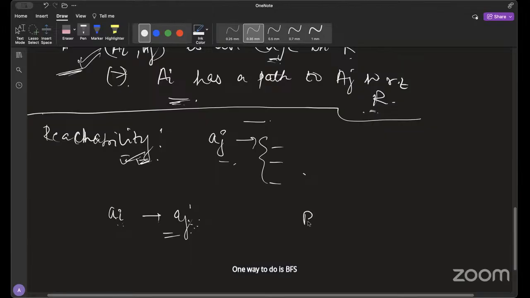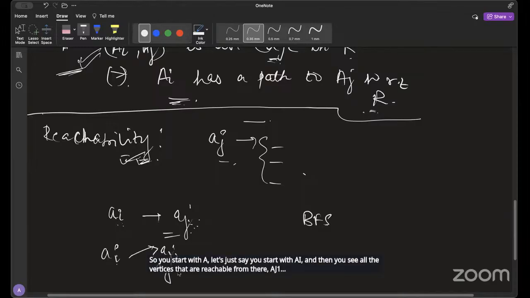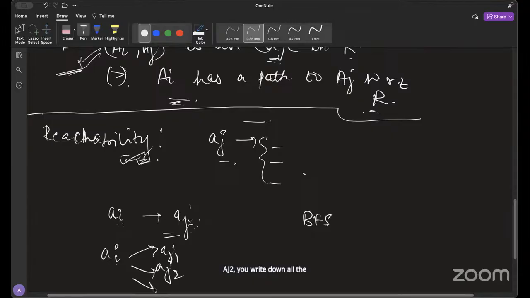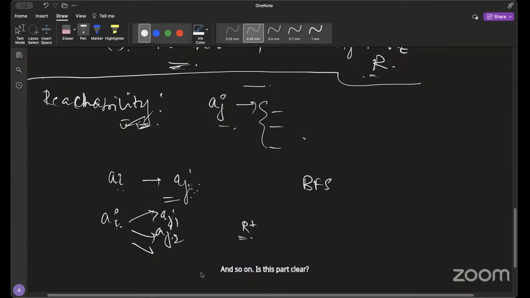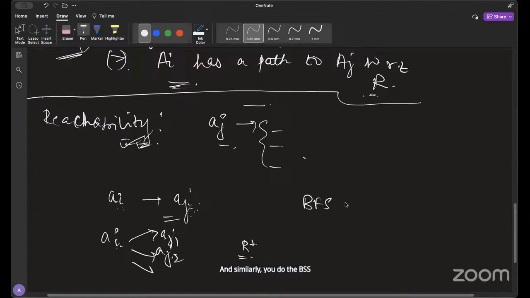You start with AI, and then you see all the vertices that are reachable from there, AJ1, AJ2, and you write down all the vertices. Then there would be a direct edge in R plus, in the transitive closure, from AI to AJ1, AI to AJ2, and so on. Is this part clear? And similarly, you do the BFS for every vertex.